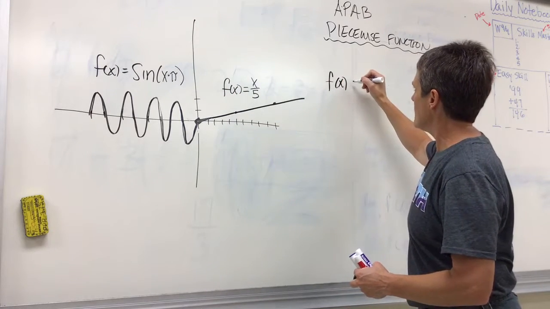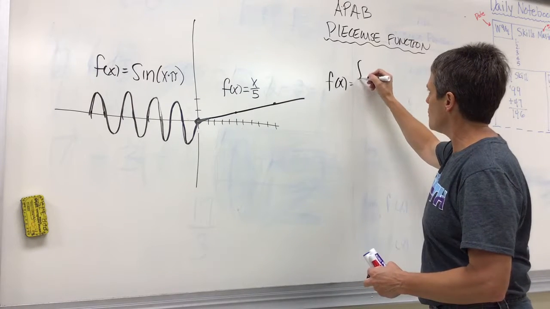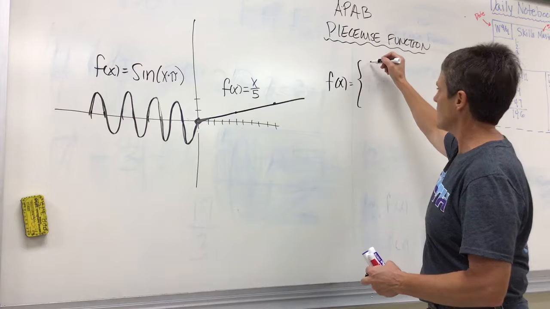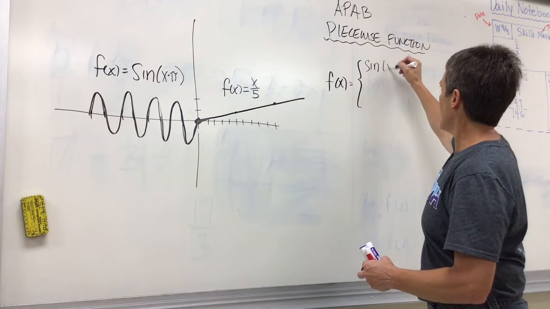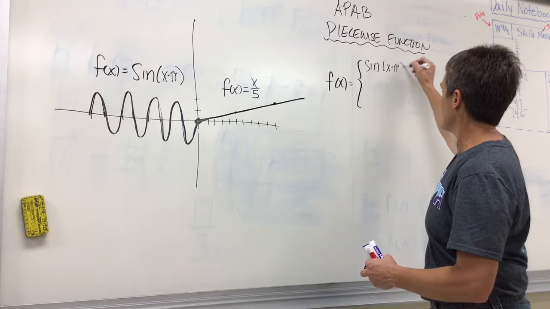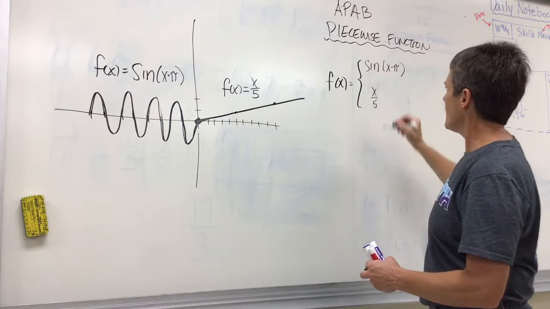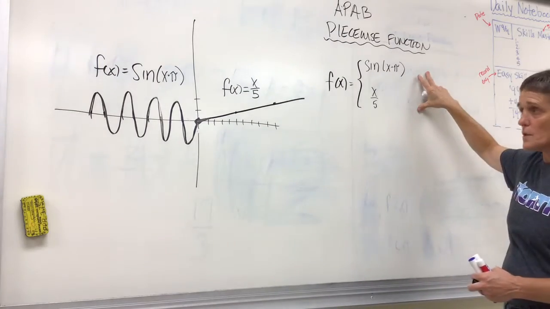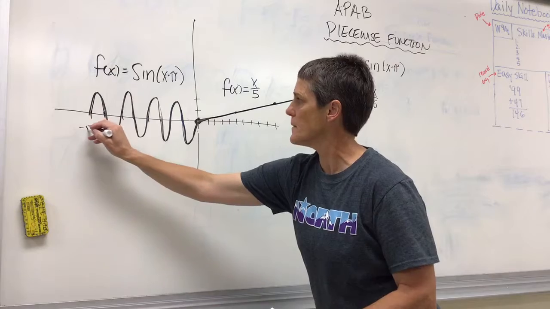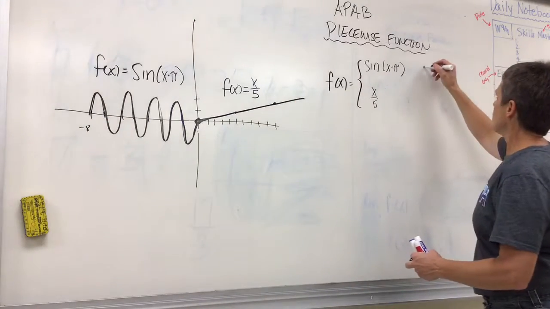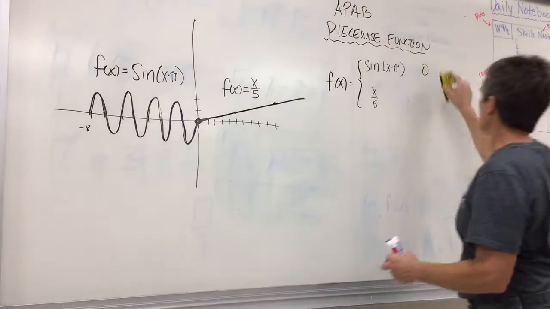And so in Khan Academy, they're going to give you the piecewise function looking like this. Sine of x times pi, and x over 5, and then they're going to give you some domain restrictions. So this is from 0 to -8. -8 is the smaller one.